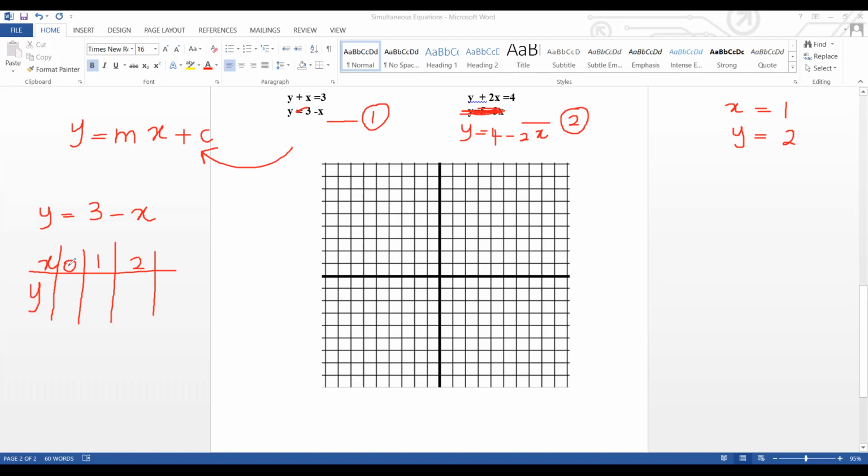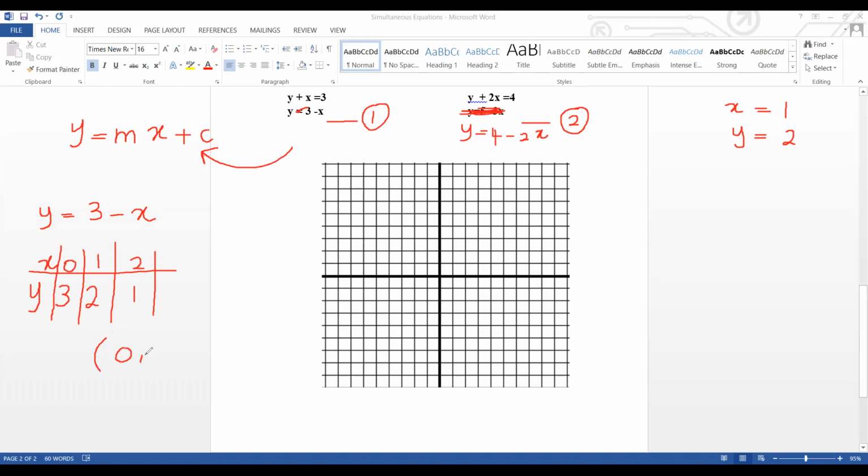When x is 0, 3 minus 0, it will become 3. When x is 1, 3 minus 1, it will become 2. When x is 2, 3 minus 2, it will become 1. So these are my coordinates, right?